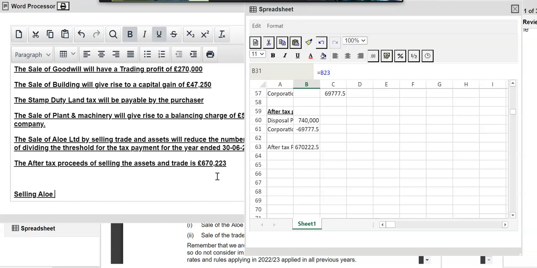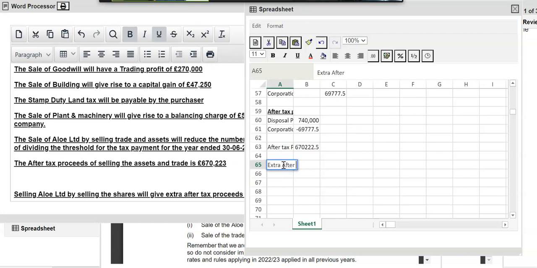Selling LO Limited by selling the shares will give extra after tax proceeds of pound. How much?